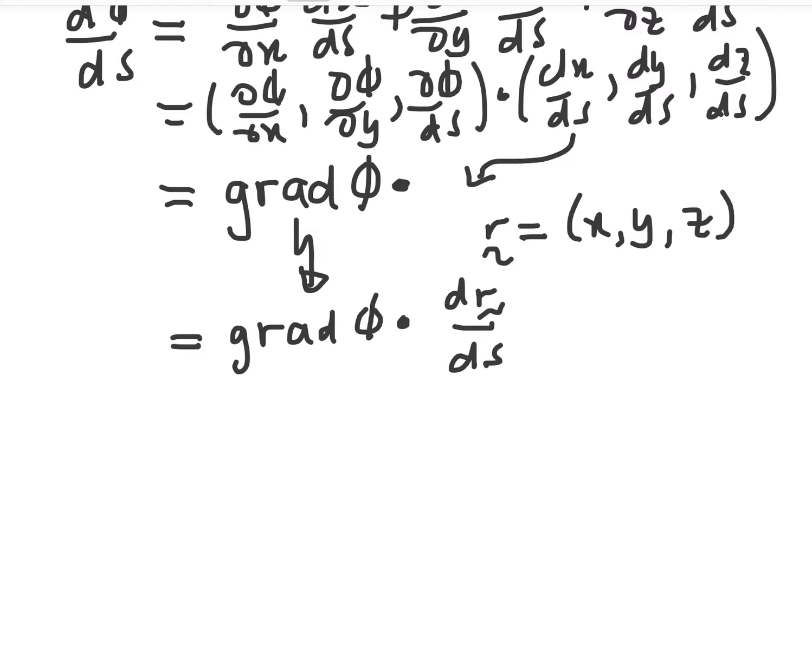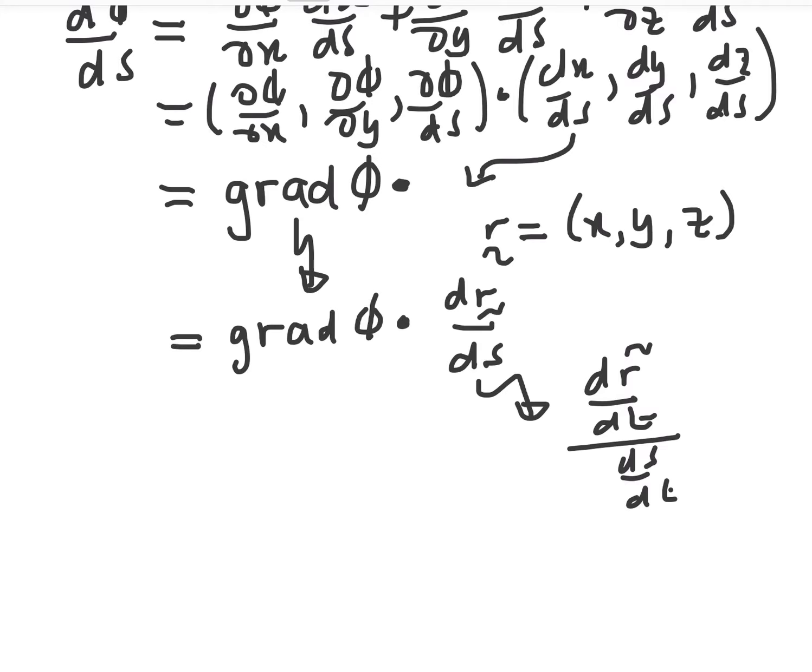This is also interesting because if this vector is written in terms of t, this is in fact how we did the actual derivative. Just to spell out what we did last time, this is dr dt divided by ds dt, and ds dt was the mod of r dot.